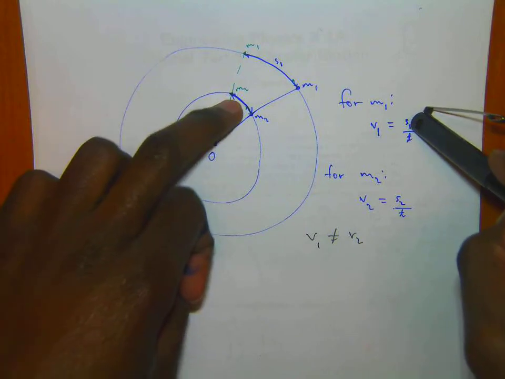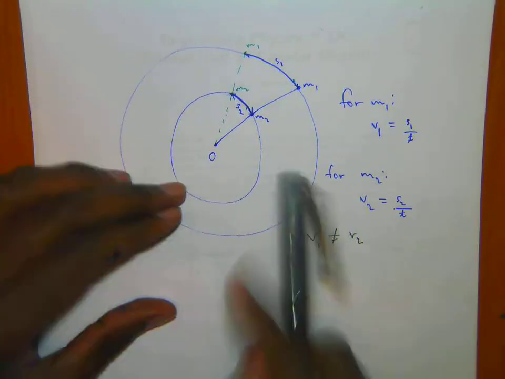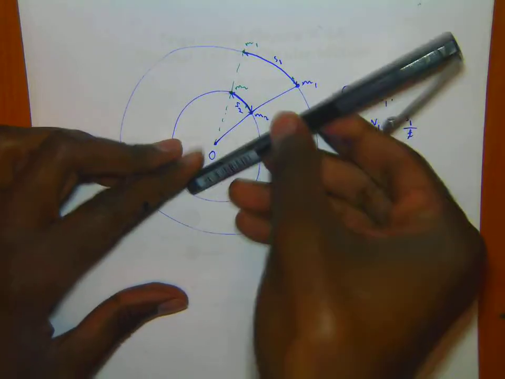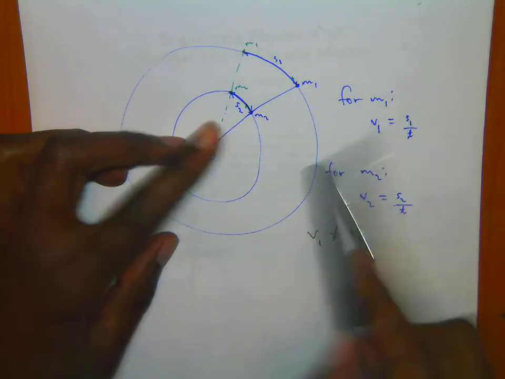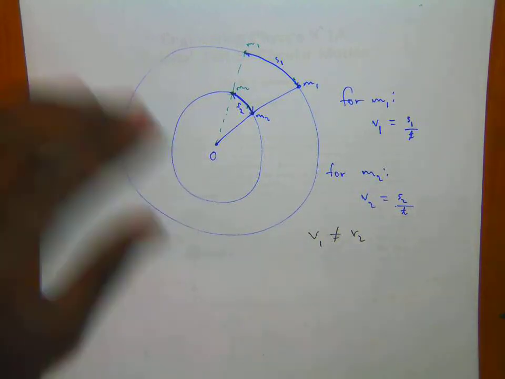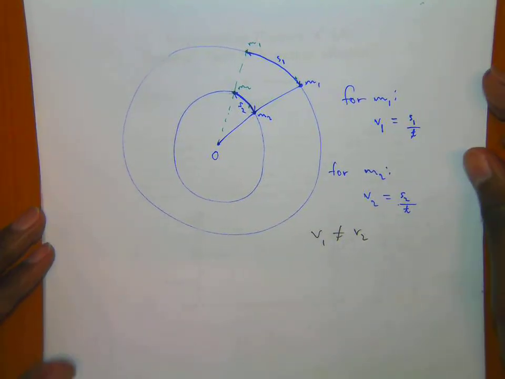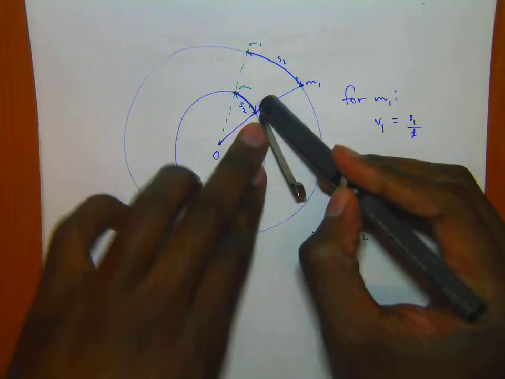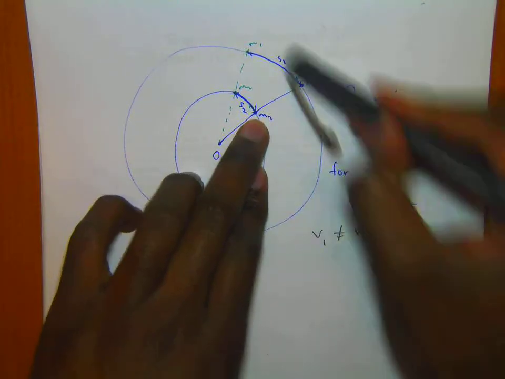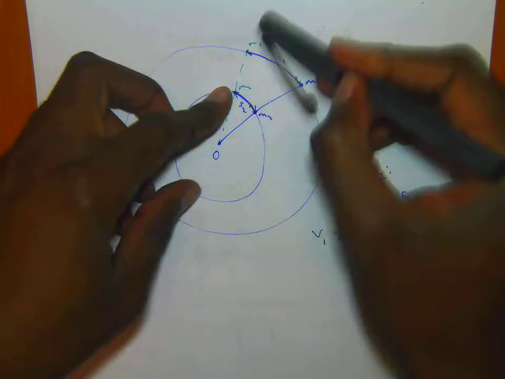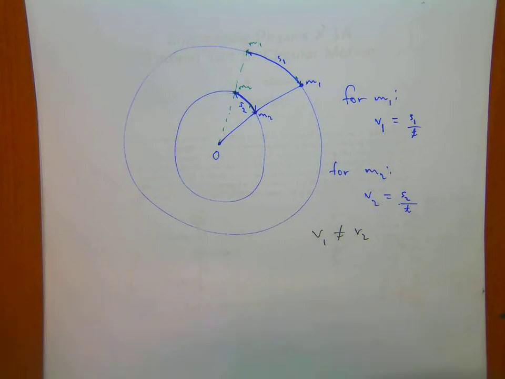Right. So what does that mean? If these two are collinear, what does that mean? One has to move faster than the other. So which one is moving faster here? Faster than M2, in order to catch up with M2 at that point. But there's something that is the same except the time: the angle is the same.